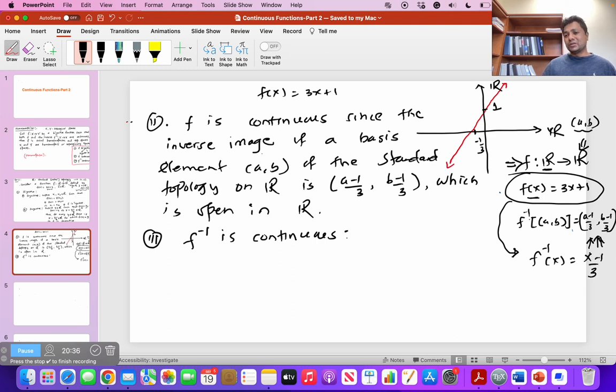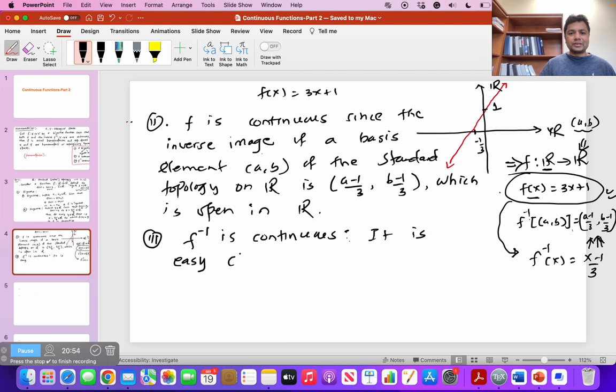It is easy to check that. If you define the function with the relation x minus 1 over 3, that is going to be the inverse of 3x plus 1. So let me just write this down.